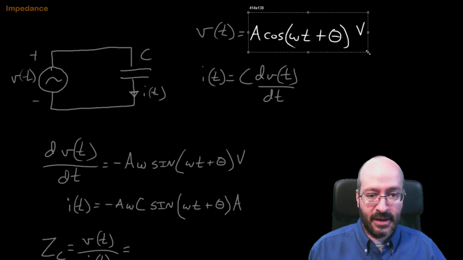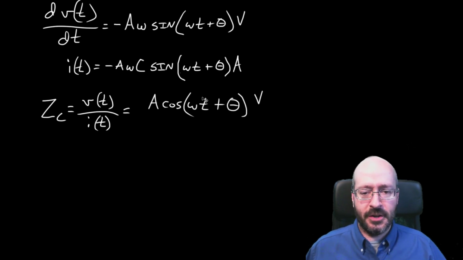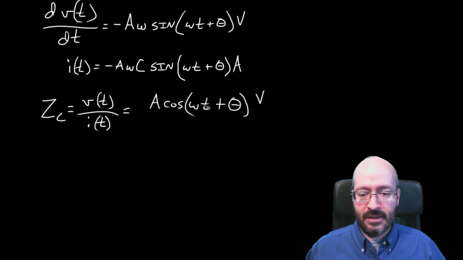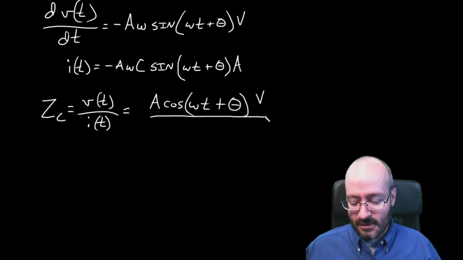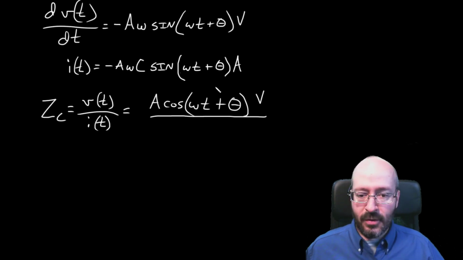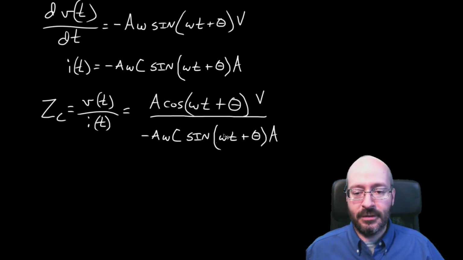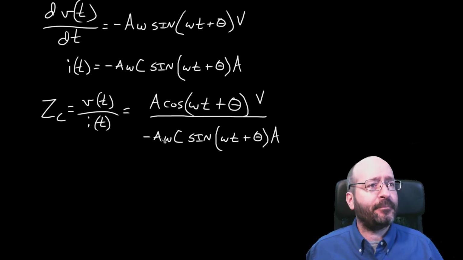Being a lazy engineer like I am, an efficient engineer, right? We take that voltage and divide by the current, and the current's right up here. Volts over amps equals ohms. So the unit of impedance is still ohms.